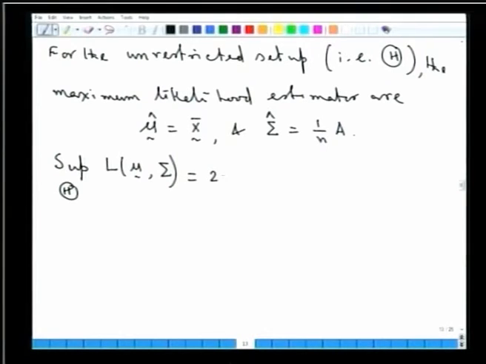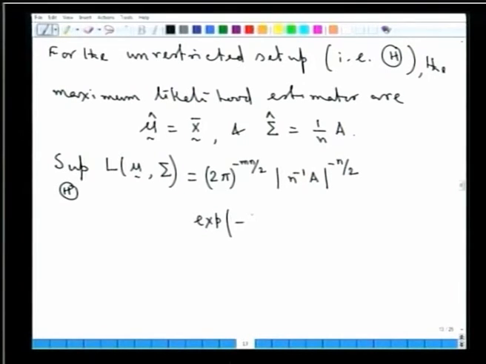The supremum of the likelihood function under script theta would be, the constants will remain as they are, and then we will have determinant of sigma hat to the power minus n by 2. So what would that be equal to? Sigma hat is going to be replaced by n inverse A, to the power minus n by 2.